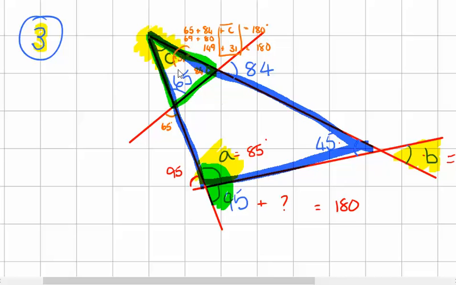So really, 31 plus 85 plus 45. They should equal 180. Do they? 31 plus 45 is 76. And 76 plus 85.